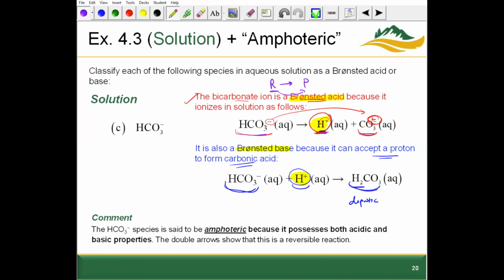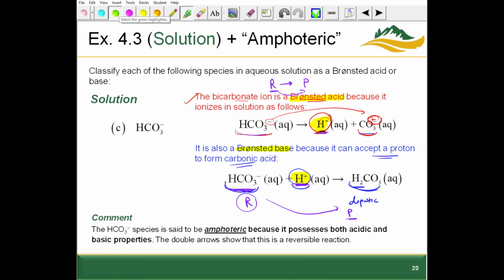What about this base accepting a proton? So here on the reactant side, it's this ion. When it accepts a proton over here, it then becomes this form of the species on the product side. So this went from this form of the species to accepting a proton, which we then see on the product side.